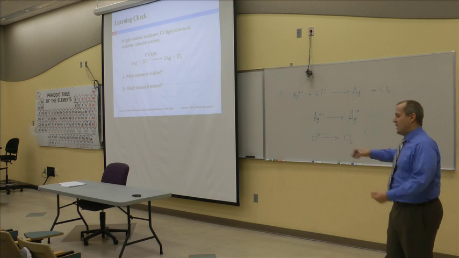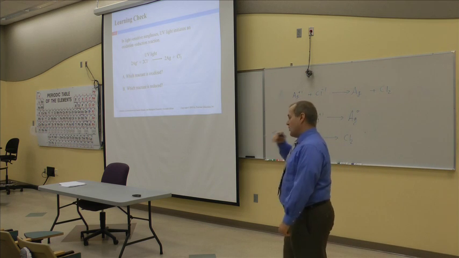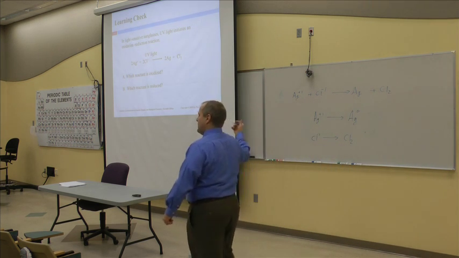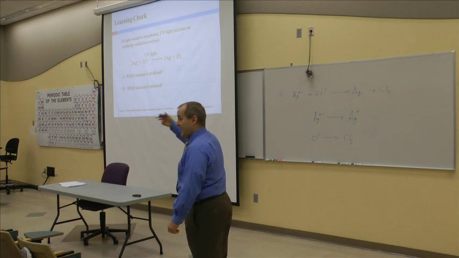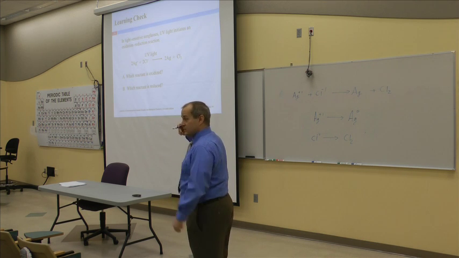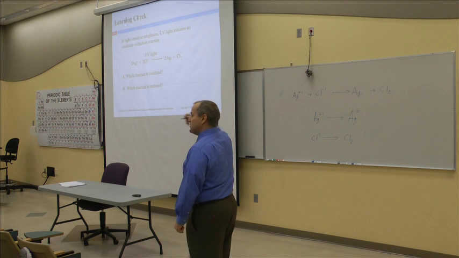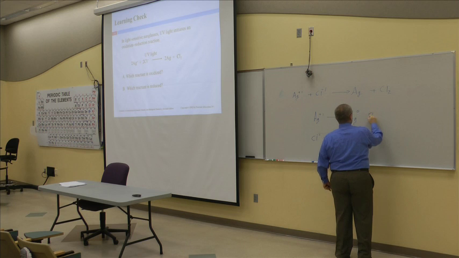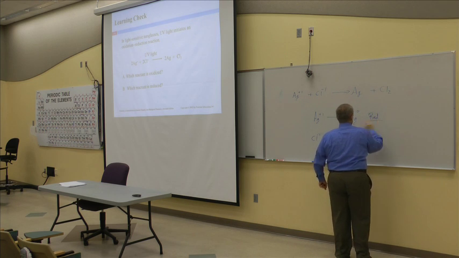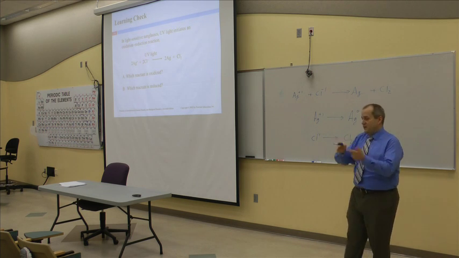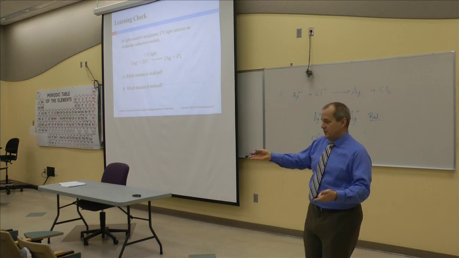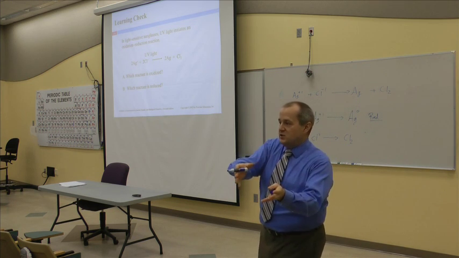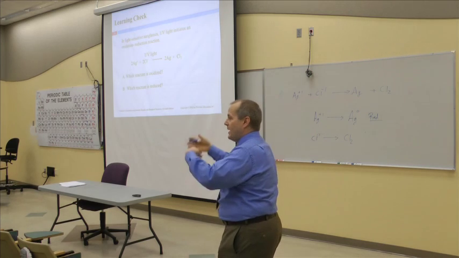So the top one, positive 1, goes to 0. So what happened there? It gained. And it reduced. GER, gain electrons, reduction. Right? So this one reduced. The bottom one, you're negative going to neutral. So if you had -1 charge and you became a neutral, what happened to you?